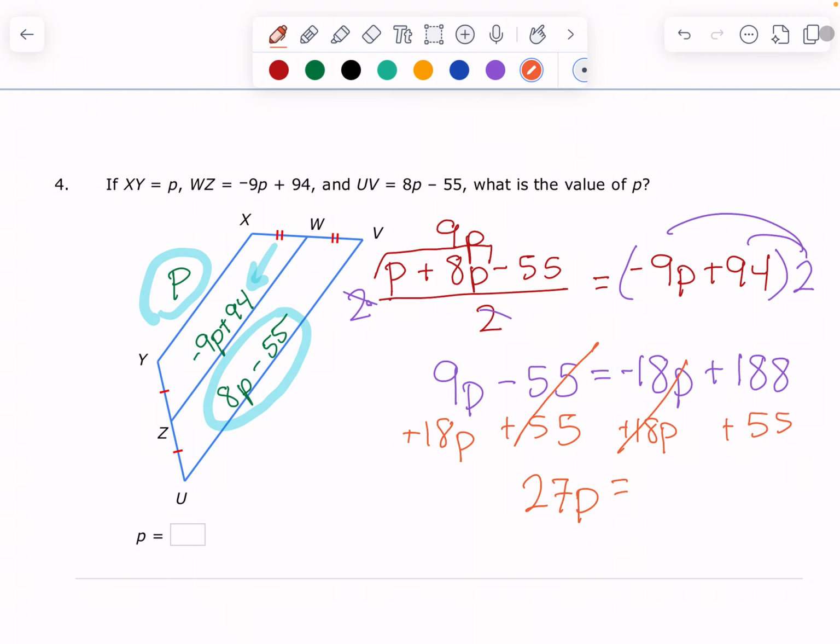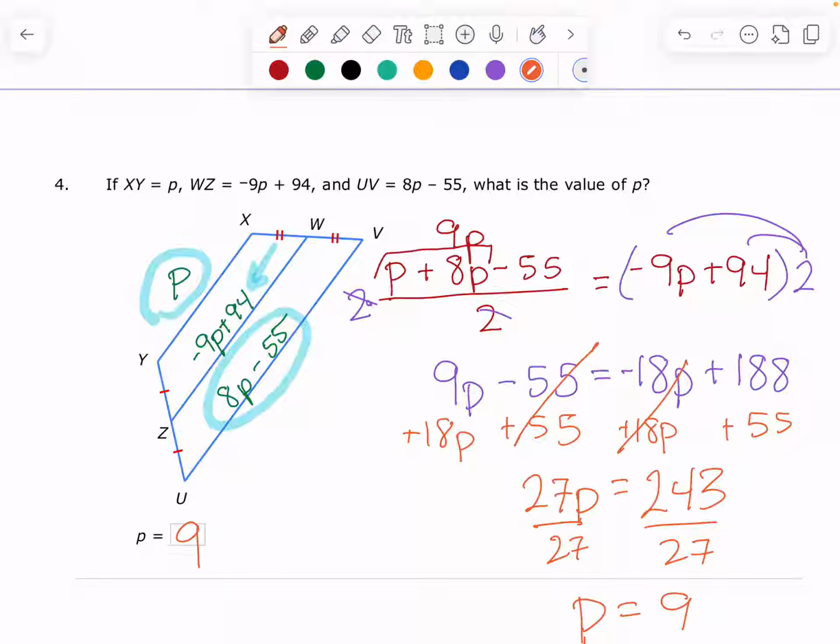I'm going to use a calculator. So 188 plus 55 is 243. And then divide by 27. So 243 divided by 27 is 9. So p is equal to 9.